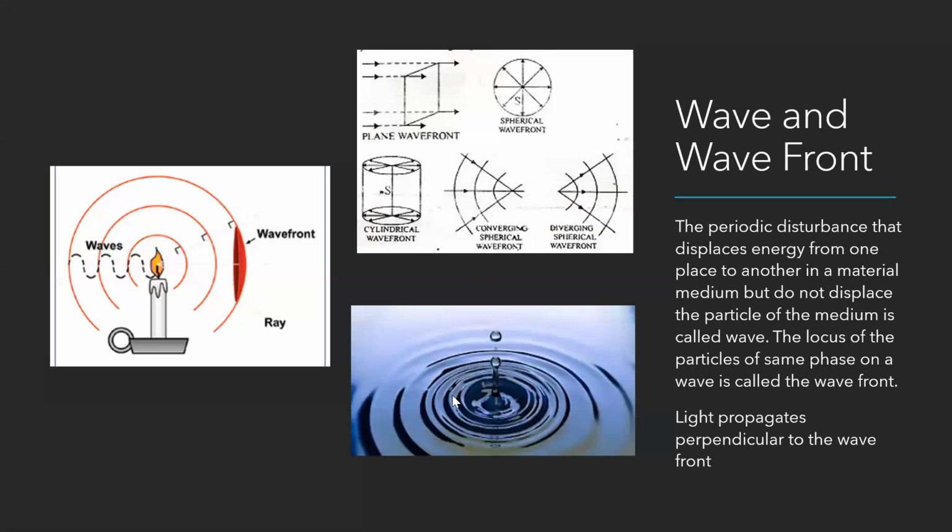Now, when I take another place here, all the particles are moving down, which means they are in the same phase. So all these circles are the locus or path of the particles of the same phase. This locus is called a wavefront. So these are circular wavefronts. On the surface of water, the shape of the wavefront is circular.